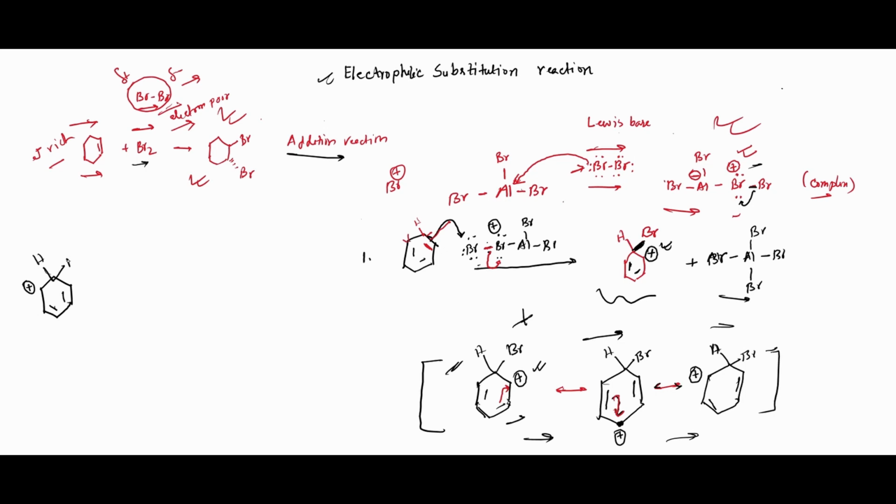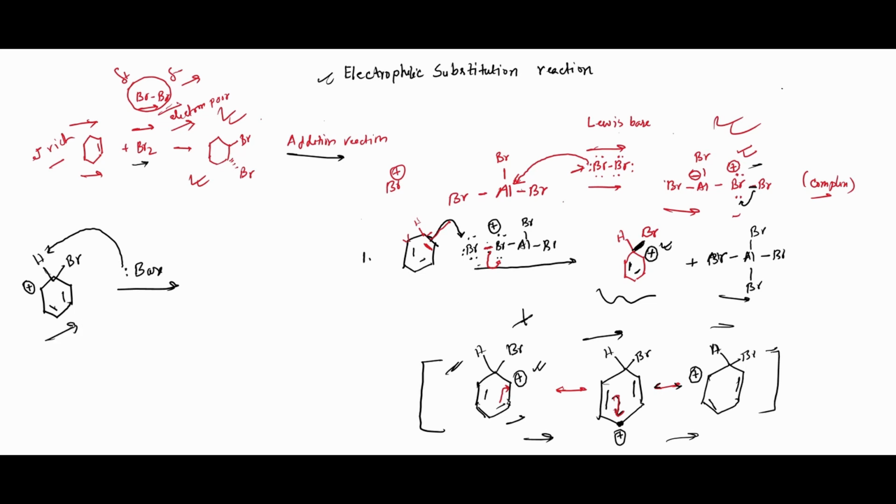We have a bromine atom here, and if you can introduce a base which has an electron pair and which can pull this hydrogen away, then I can reestablish the aromaticity that it lost, right?